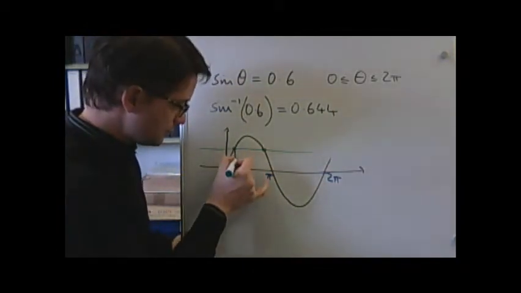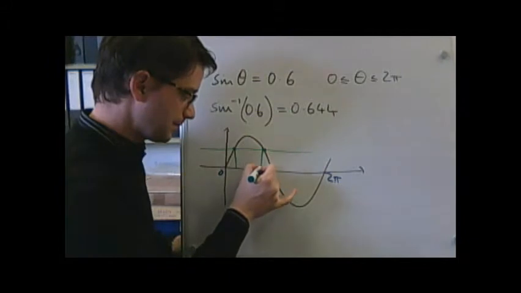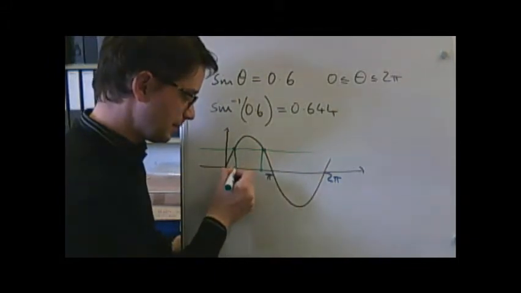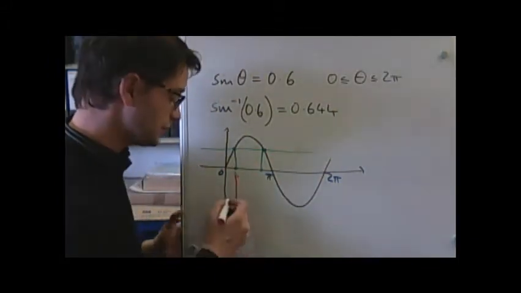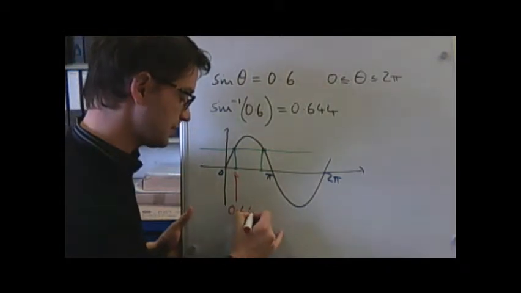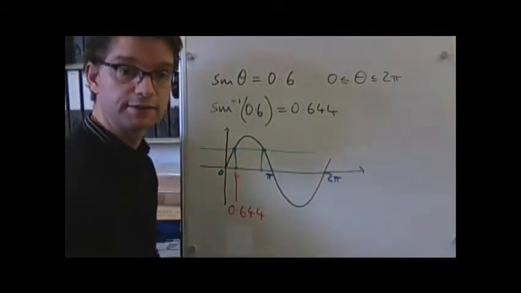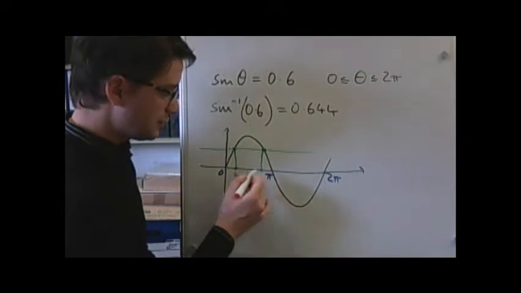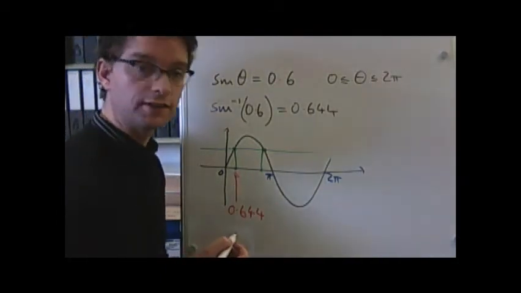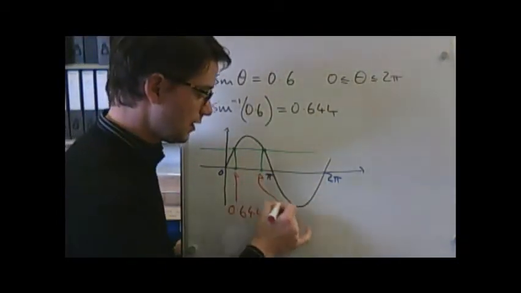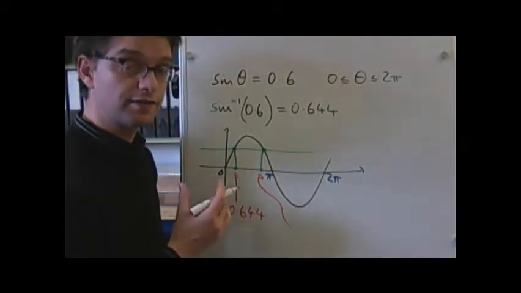And here they are at this point and this point. The calculator has told us that the first solution is 0.644 radians. What we've got to do is figure out where this second solution lies. And the way we're going to do that is by the symmetry of the curve.